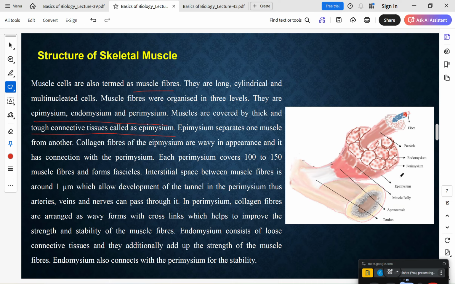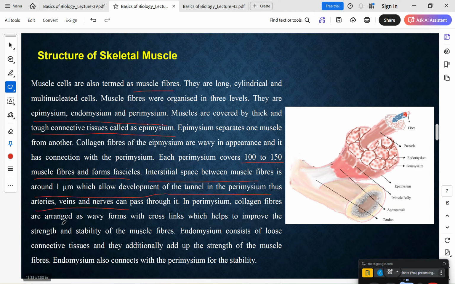Beneath the epimysium there is the perimysium, which covers 100 to 150 muscle fibers and forms fascicles. The interstitial space between muscle fibers is around 1 micrometer, which allows for development of tunnels in the perimysium, which is the place where arteries, veins, and nerves pass through.